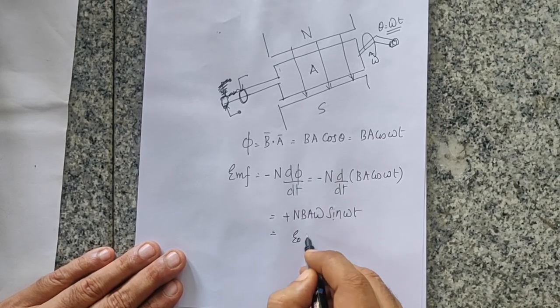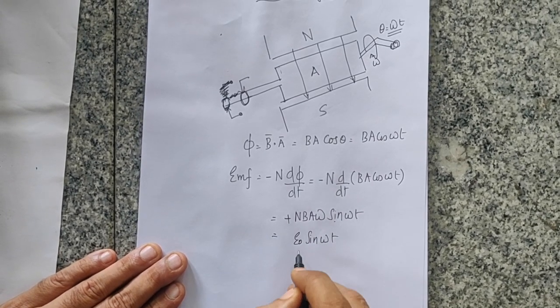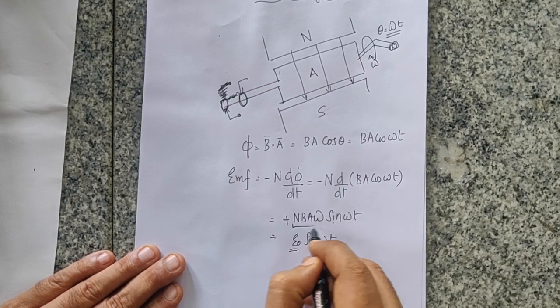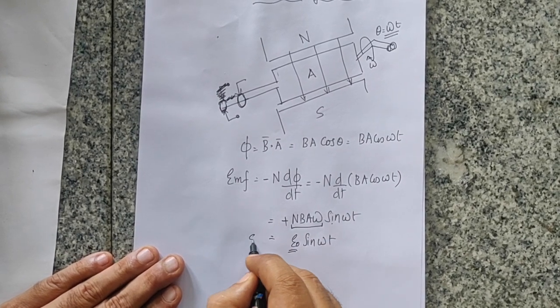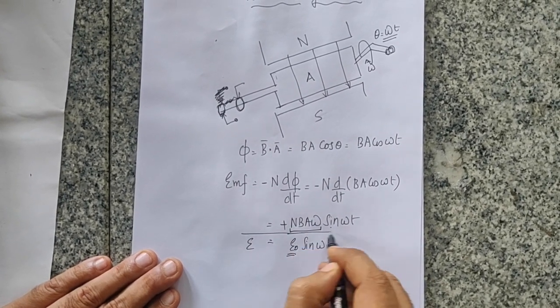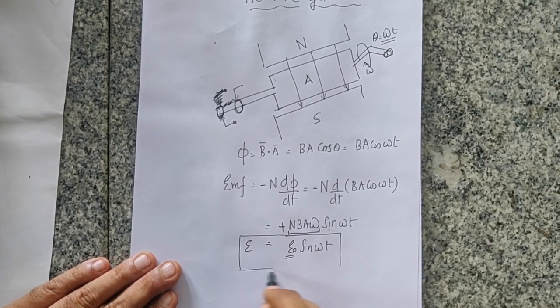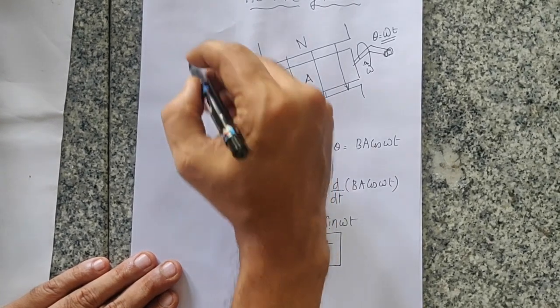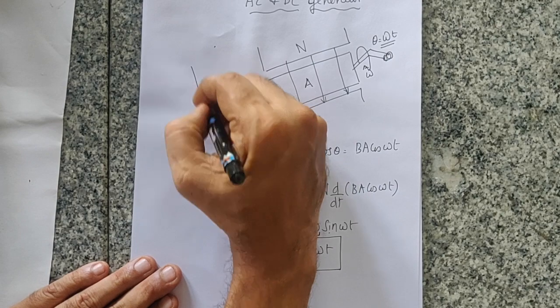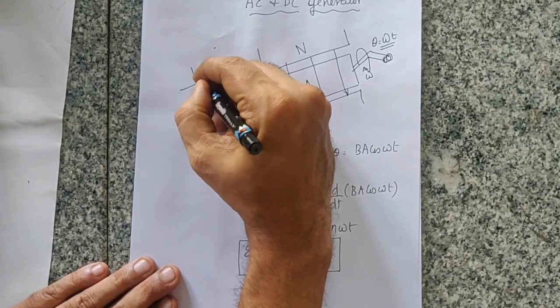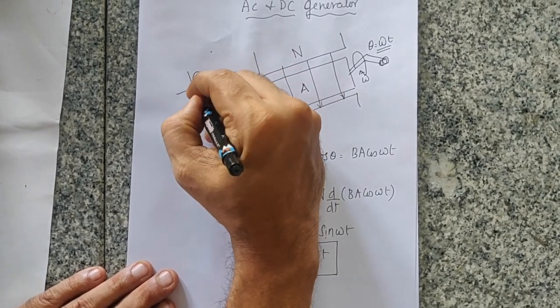That is E0 sine omega t, where E0 is NBA omega. So that's how you get the output of AC as a sine wave, which means your output is going to be something like this.